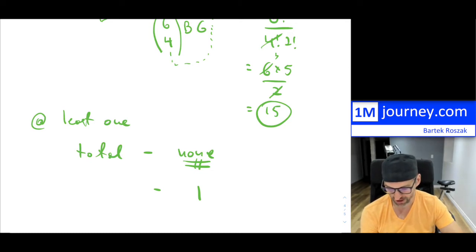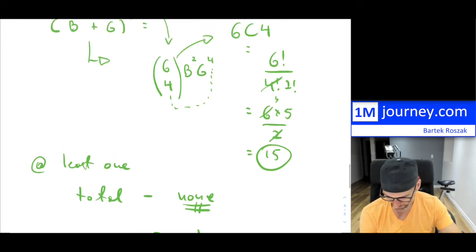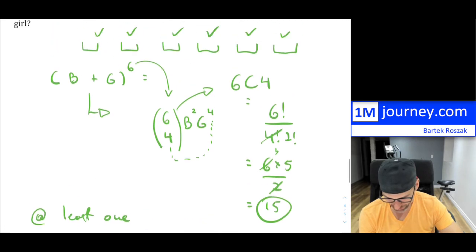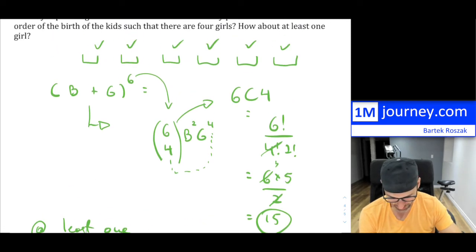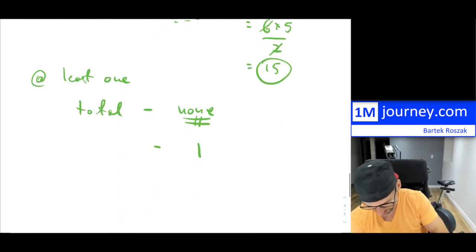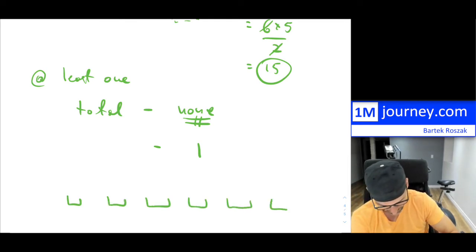Now the total number of possibilities that we could have within all of this is you can have a boy or a girl, so those are 2 possibilities for each. So here, let me draw 1, 2, 3, 4, 5, 6, right?